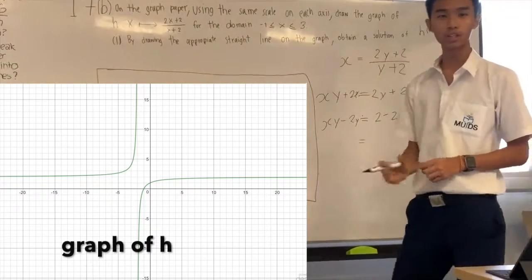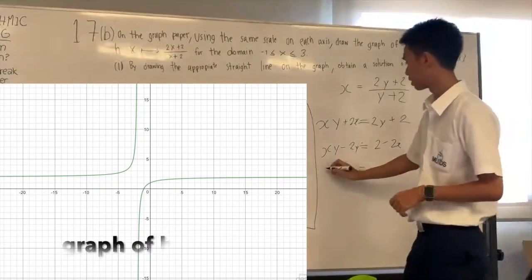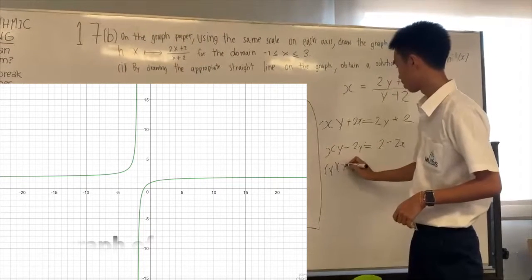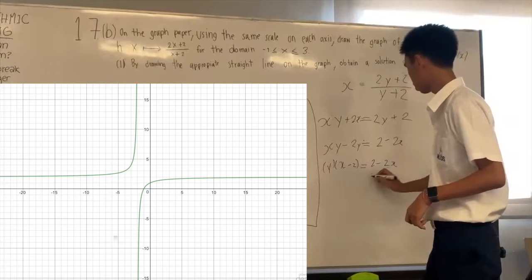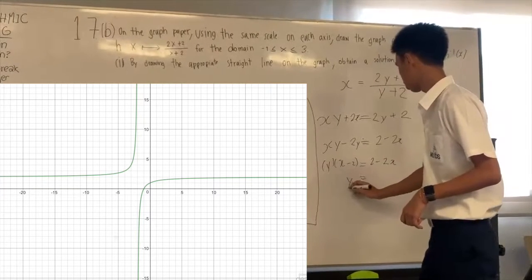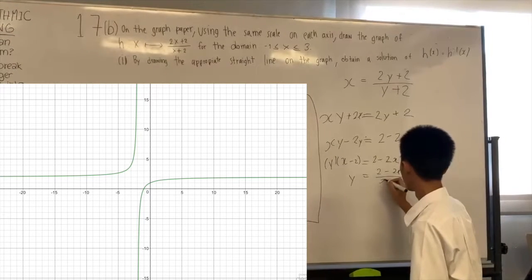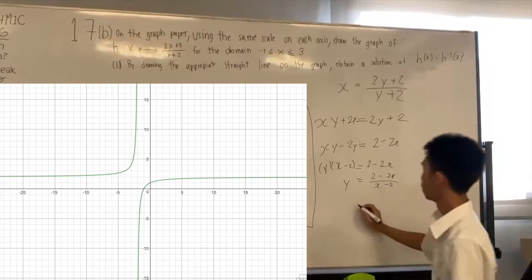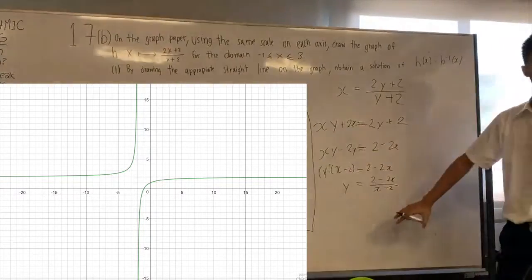And then you need to take the y out so that it is alone on the outside. And there you go, that's your inverse function of h.